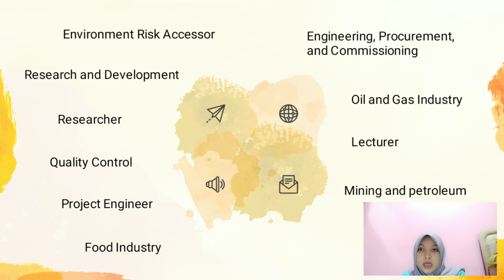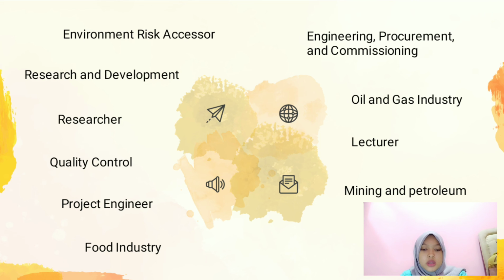For food industry, the technology used in the industry studies the physical, microbiological, and chemical properties of food and its processing process. Engineering, procurement, and commissioning. This job is very closely related to the undergraduate field of chemical engineering, namely chemical plant design.